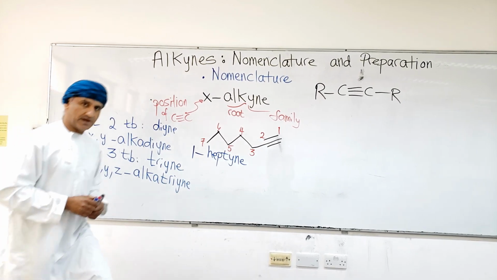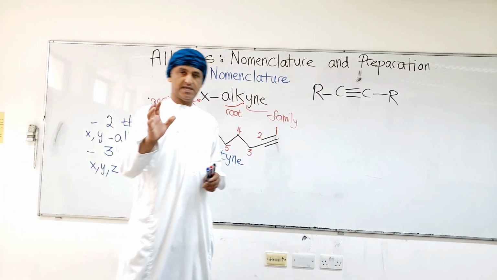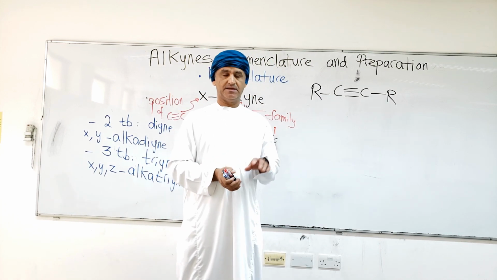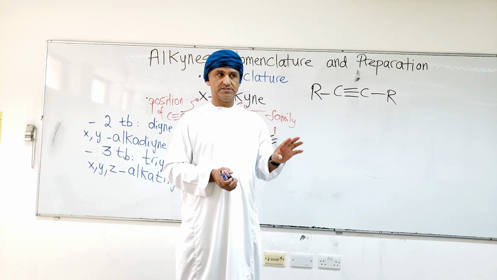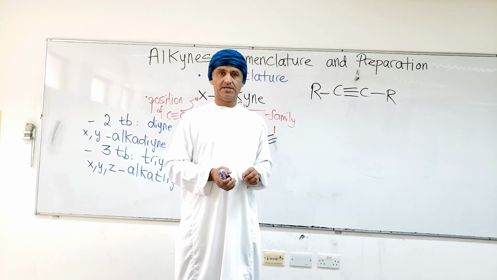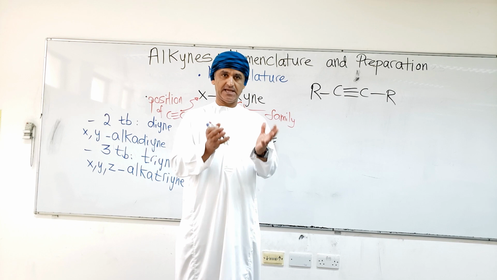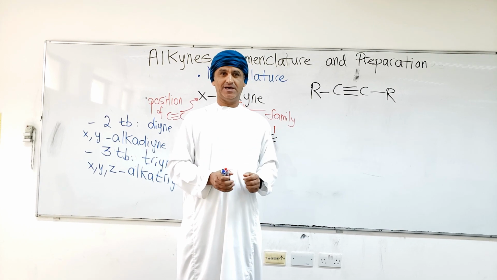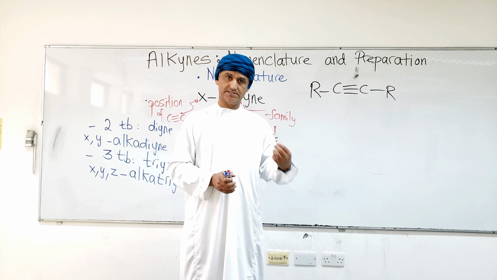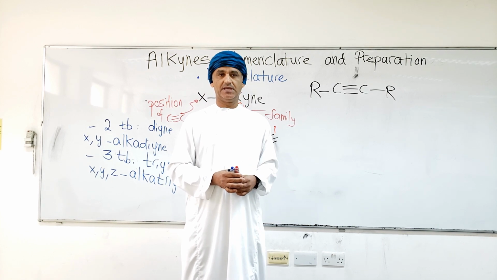There are compounds that contain different types of multiple bonds. For example, compounds that contain a carbon-carbon triple bond and a carbon-carbon double bond. They are alkynes because they contain the carbon-carbon triple bond, and they are also considered alkenes because they contain a carbon-carbon double bond.